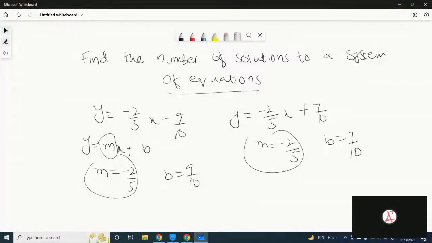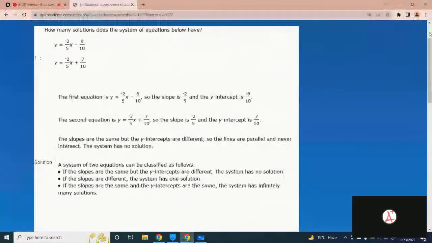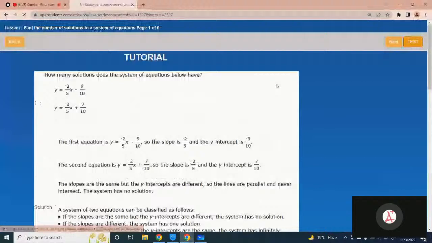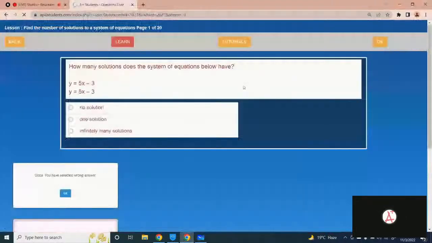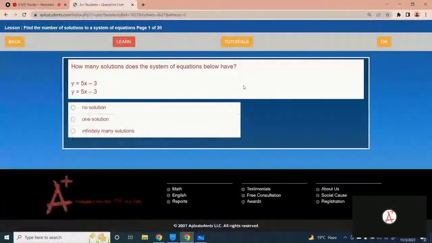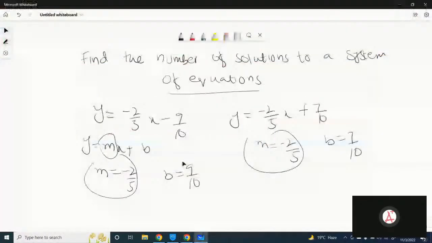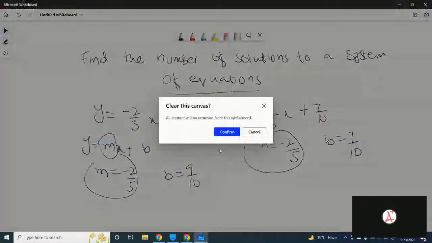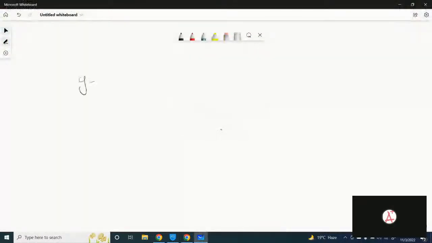Got it? Okay, let's start with the practice questions. How many solutions does the system have? y equals 5x minus 3, and the other equation is y equals 5x minus 3.